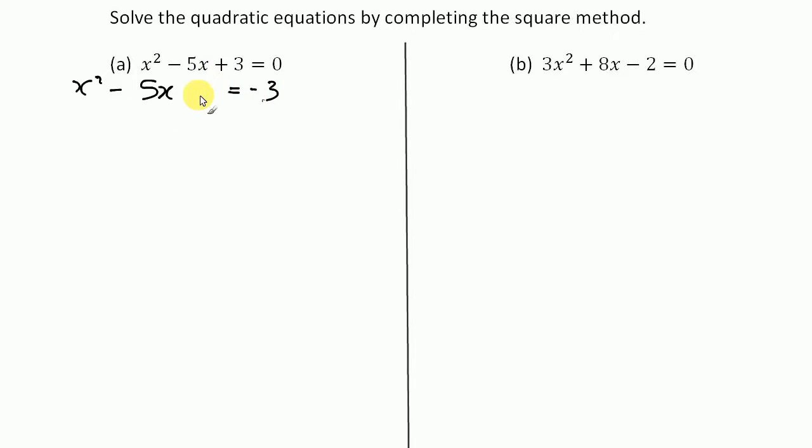Next step, we add half of the coefficient of x and square it to the left and also to the right side.